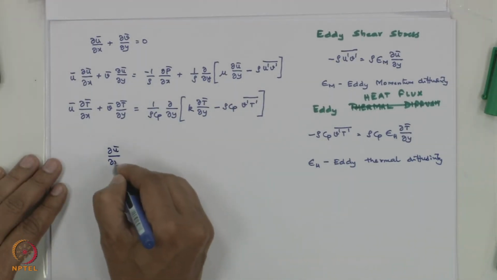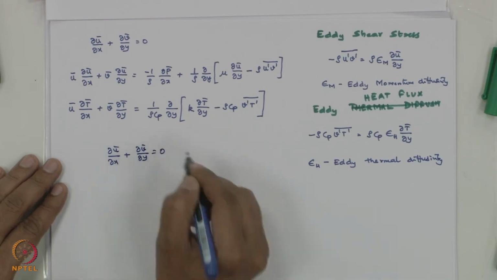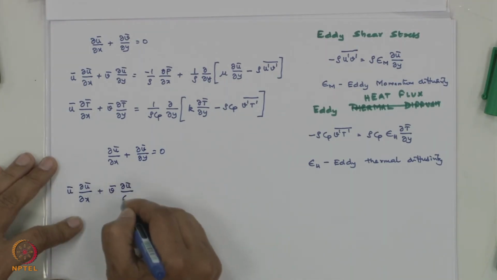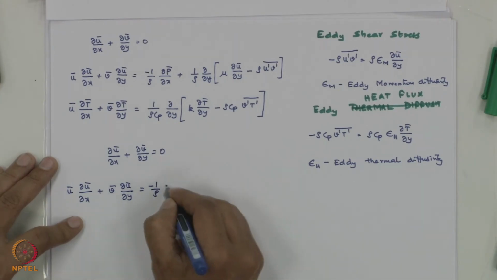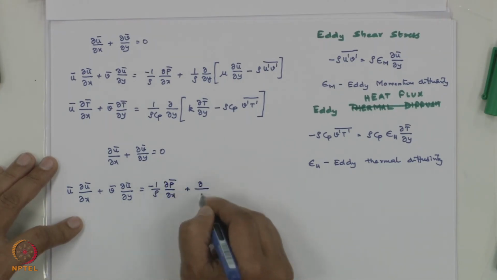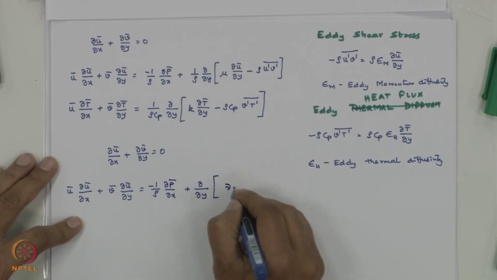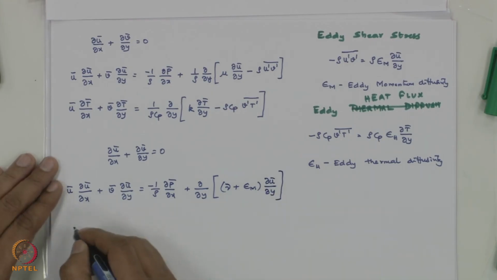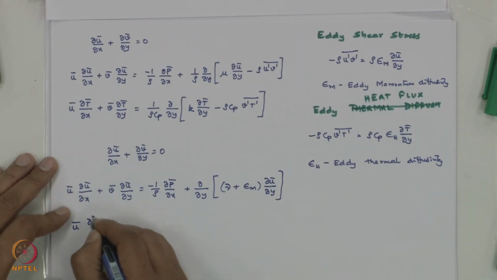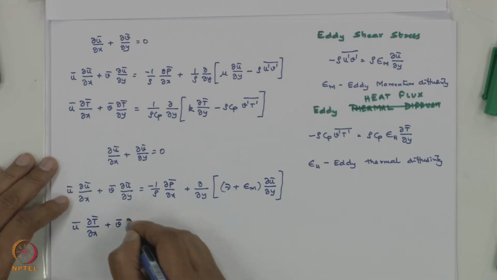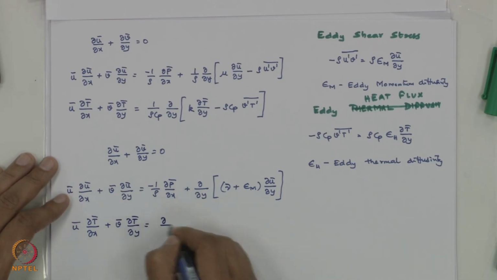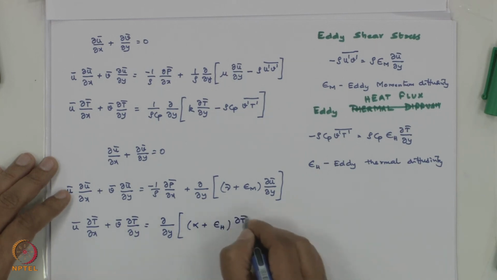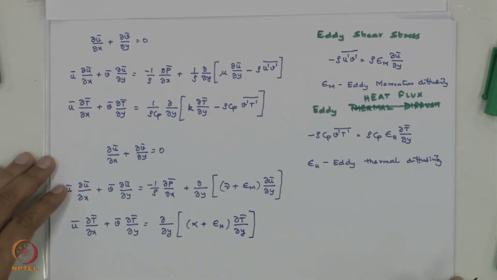Del U bar by del X plus del V bar by del Y equal to 0, and U bar del U bar by del X plus V bar del U bar by del Y equal to minus 1 by rho del P bar by del X plus del by del Y of, pushing rho inside, nu plus epsilon m into del U bar by del Y. Similarly, the energy equation: U bar del T bar by del X plus V bar del T bar by del Y is equal to del by del Y of, pushing rho Cp inside, alpha plus epsilon H into del T bar by del Y.